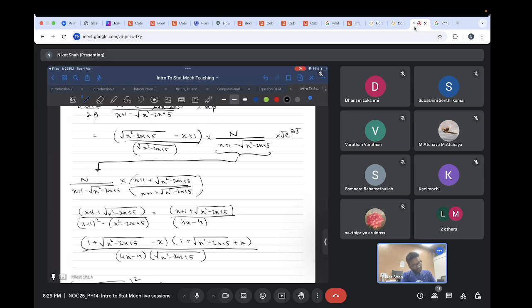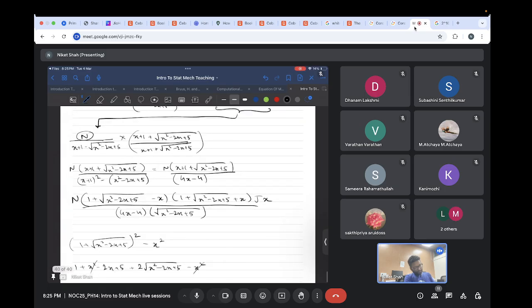By the way, I'm missing out on this term which I also have to include, and I'm also missing out on this n. This is n, j, and e raised to power beta j is just x. There is an x also here. This term into n j x divided by 4x minus 4 into square root of x square minus 2x plus 5.